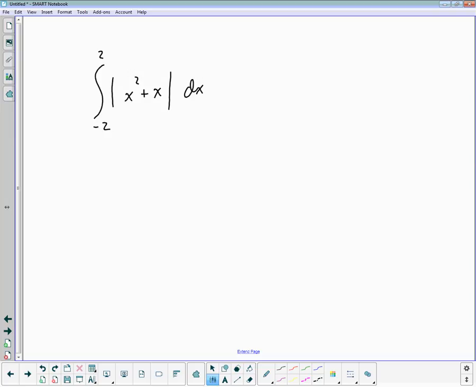It's not one of our normal forms. If you think about it, taking the derivative of something and having an absolute value spit out by itself really doesn't make a lot of sense. So what we have to do when we play this game is realize what it looks like. So x squared plus x, what does that look like?